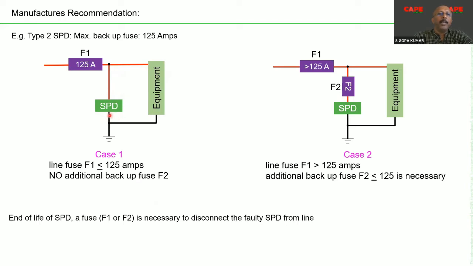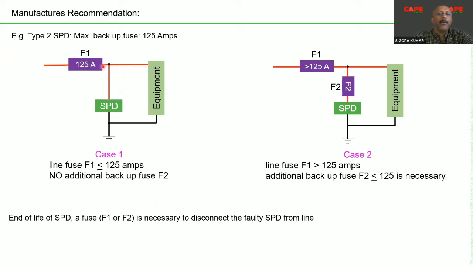Of course, the SPD is probably able to disconnect without the help of the fuse, but the wording written in the standard and in the manufacturer's catalog is maximum backup fuse is 125 amps. That means if the backup fuse is higher than 125 amps, the SPD is going to blast.